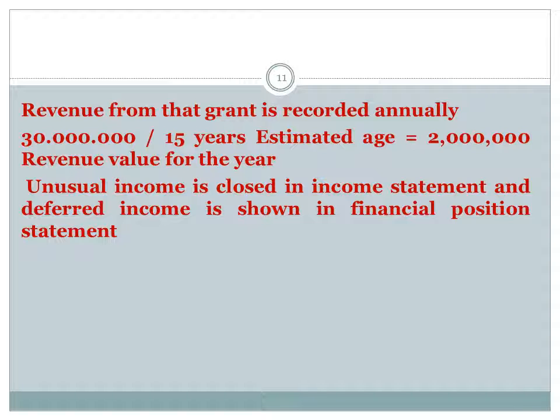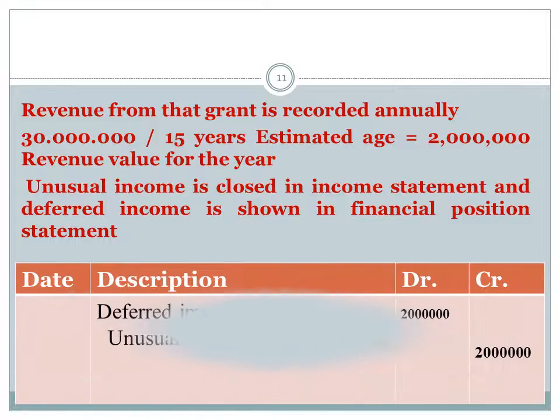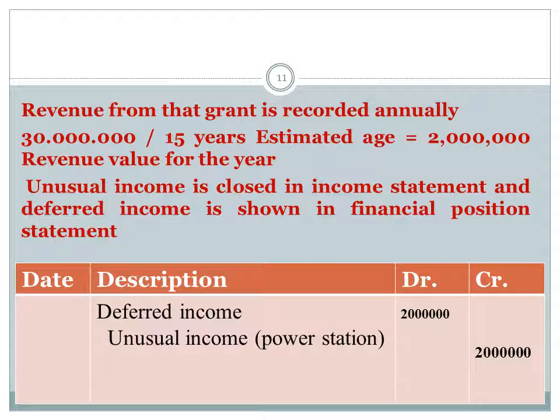The balance of deferred income in the second year will be 26 million and so on. So the entry will be as follows: deferred income in the debit side, unusual income power station in the credit side.